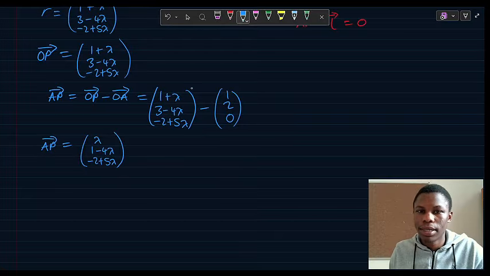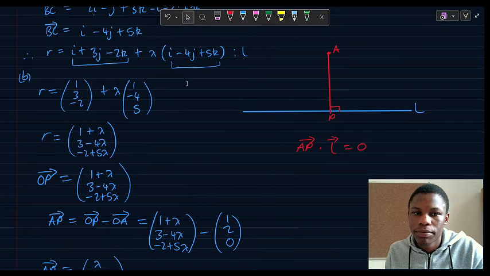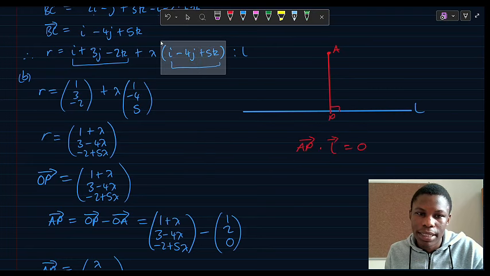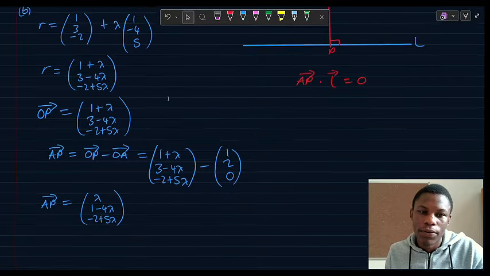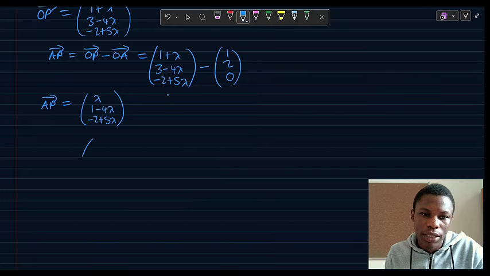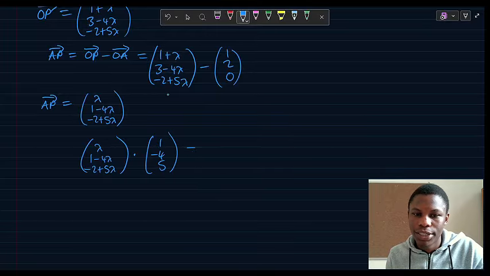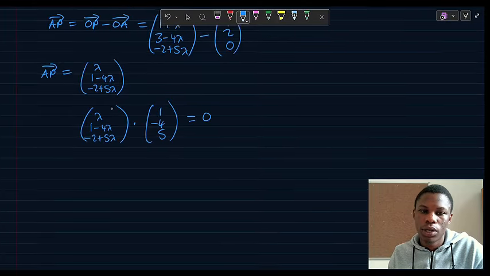This is our AP. And we're saying the dot product of AP and the direction of our line should be equal to 0. The direction of our line is this here, the 1, negative 4, 5. So if I do lambda, 1 minus 4 lambda, negative 2 plus 5 lambda, dot 1, negative 4, 5, this should be equal to 0.